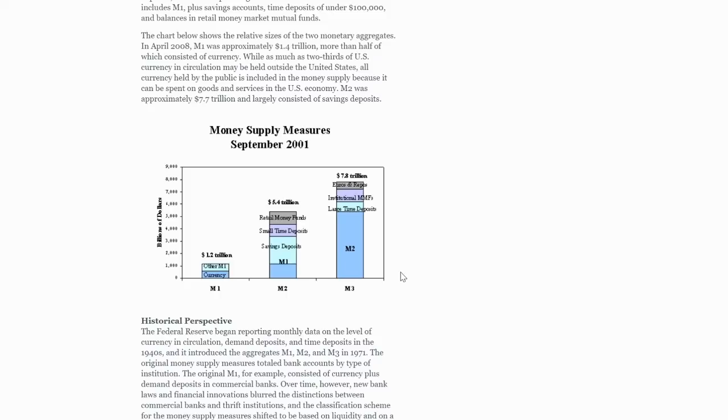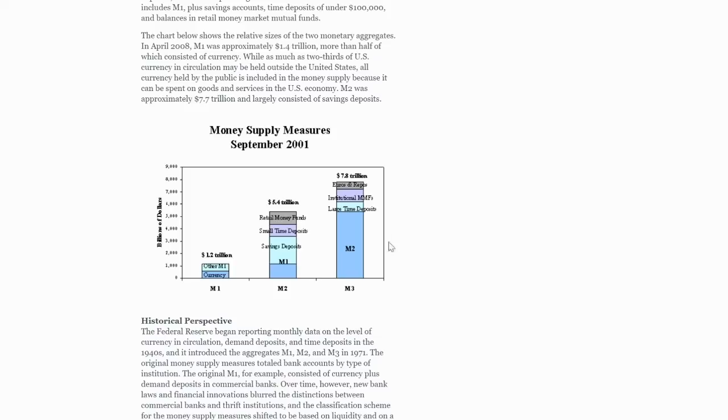M2 contains M1, but it also has very safe investment vehicles where you can earn interest on money in savings, small time deposits, and retail money funds, money markets and the like. Whereas M3 has larger deposits and institutional money funds, and also repos, repurchase agreements and the like. There's a lot more of that floating around in the M3 monetary supply.